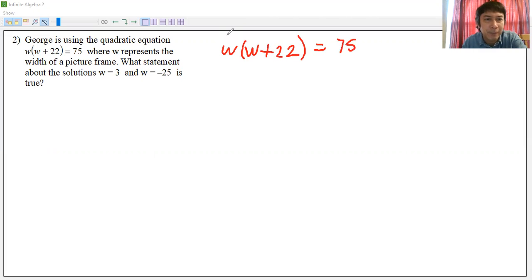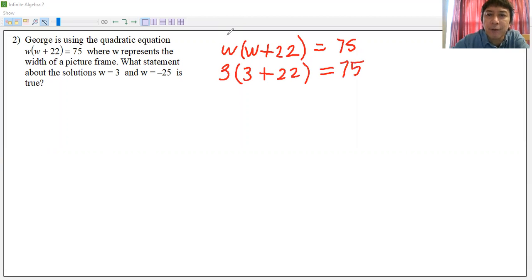According to the problem, W equals 3 is a root of this equation. It's a solution. So we can substitute and check when W is 3, then we can substitute 3 there. Equals 75 there.